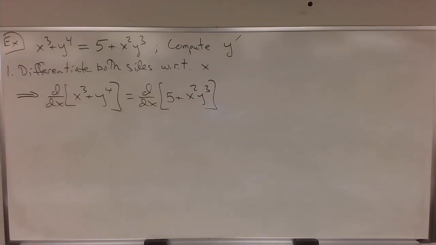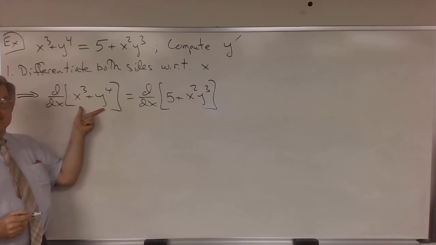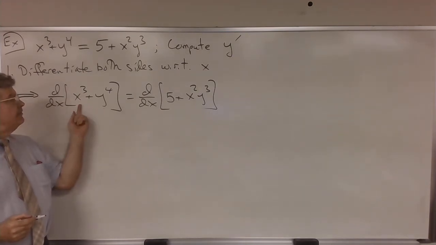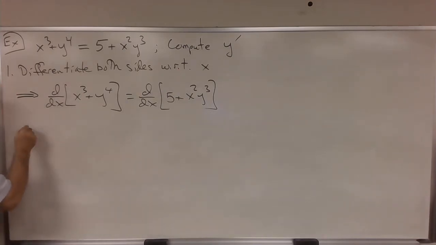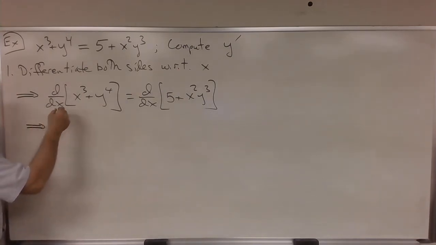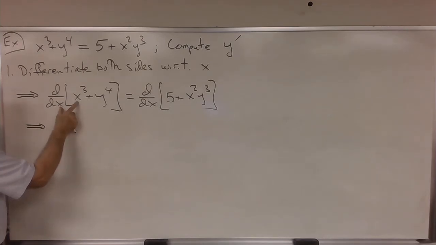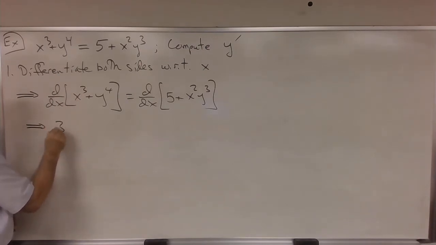Looking good. Now on the left, we just have the derivative of a sum. So we differentiate each term separately and just add the results. The variables are the same here, so we just view x as a variable. The derivative is 3x squared.